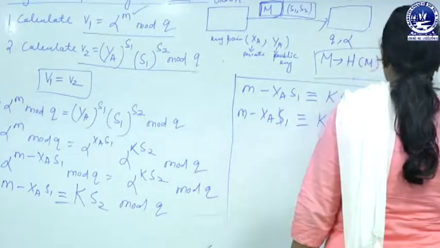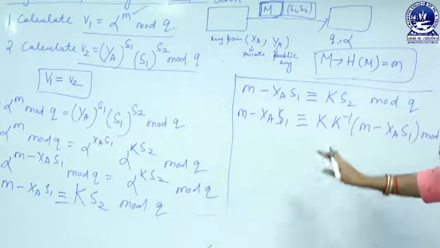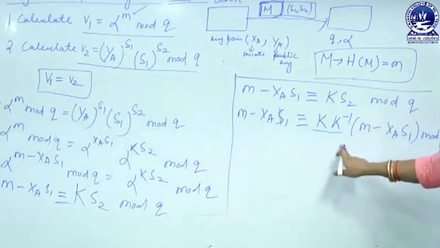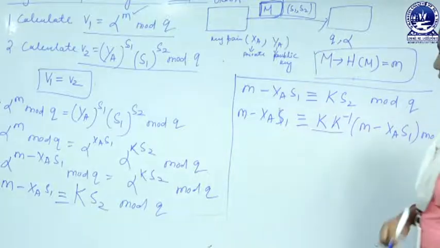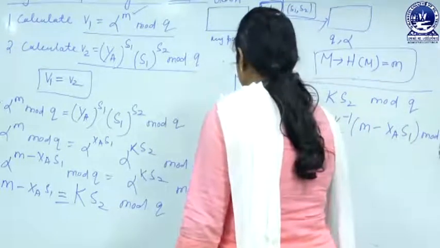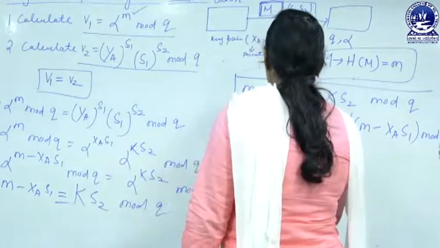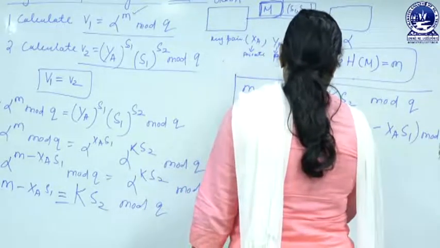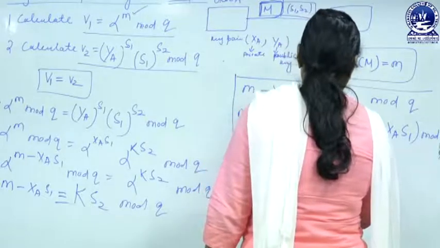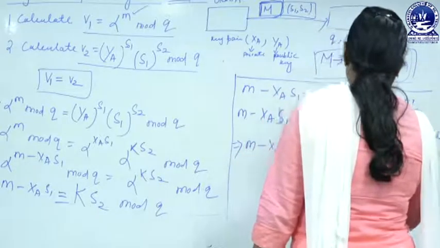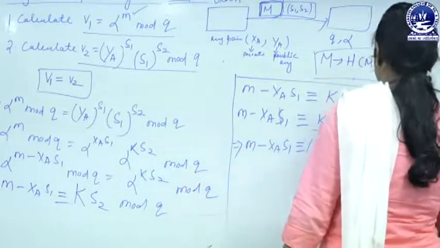mod q. Now look here, this is k into k inverse, which is equal to 1, which means we can write m minus xa s1 is congruent to m minus xa s1 mod q.